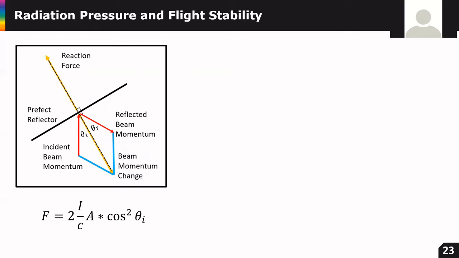And because of the conservation of momentum, the perfect reflector has to feel a force normal to its surface. So when light reflects off of a surface, that surface feels a force normal to the surface, and the magnitude of that force depends on the angle of incidence of that light.